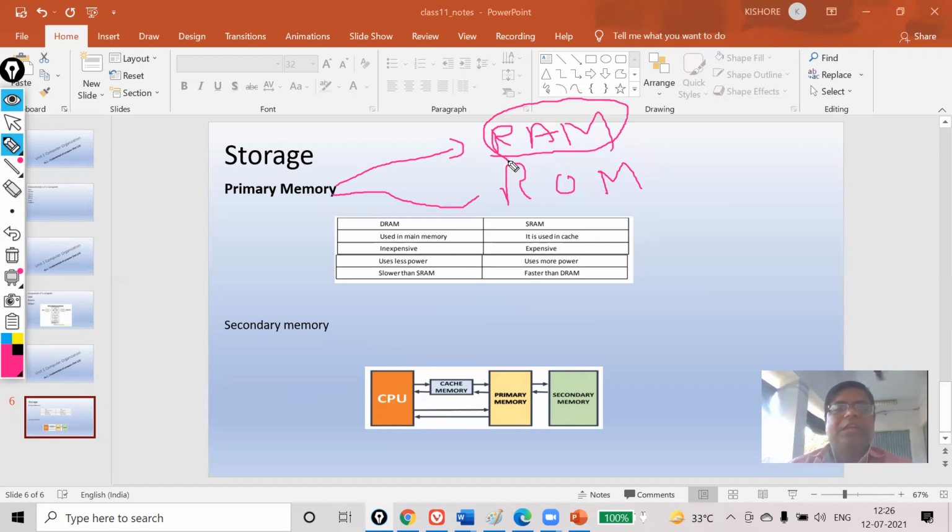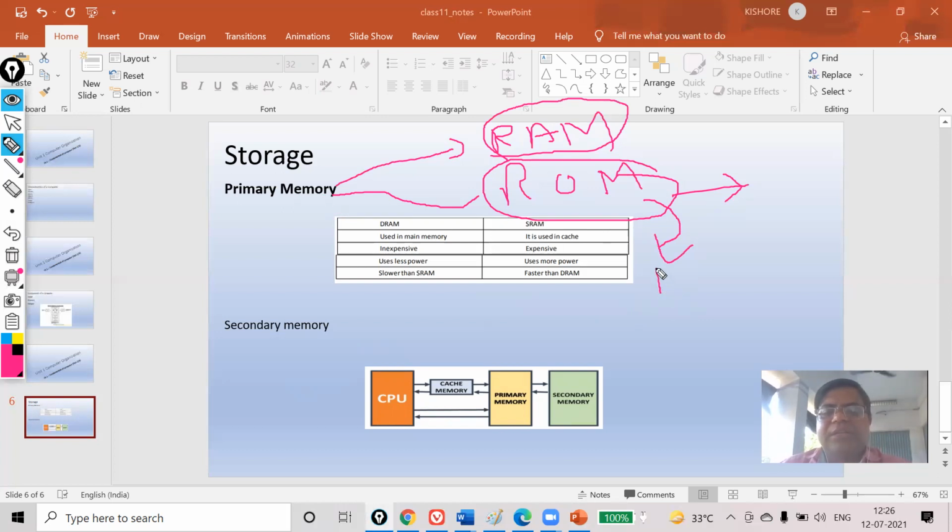Next is ROM. Students, it is generally used in the startup operation of the computer. It is non-volatile memory, and ROM can be classified in three ways.